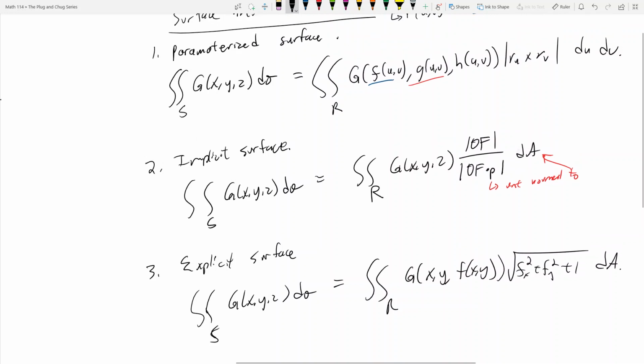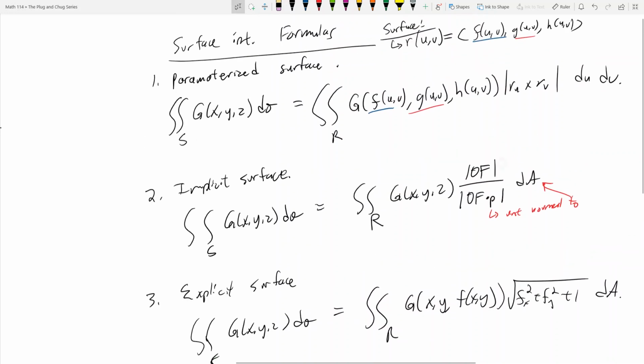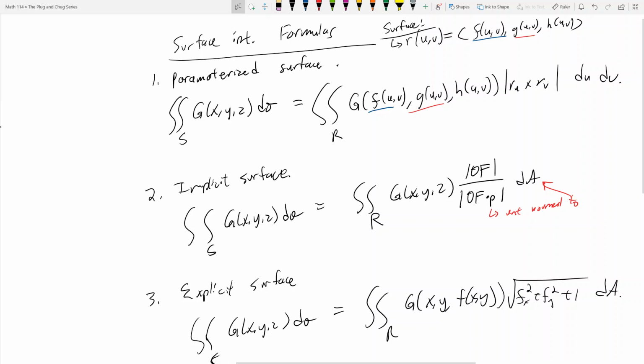These all look really similar to your surface area integrals, and that's essentially true. Because g of x, y, z is a function, we just introduce a function in front of d sigma, so we're not just finding surface area anymore, but a surface integral.